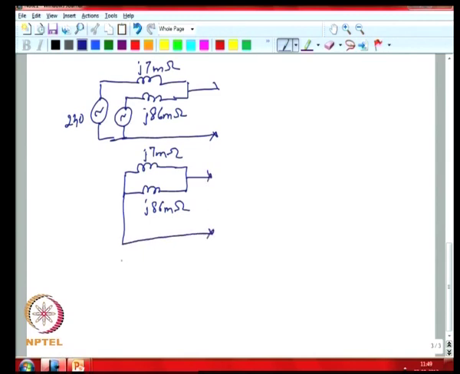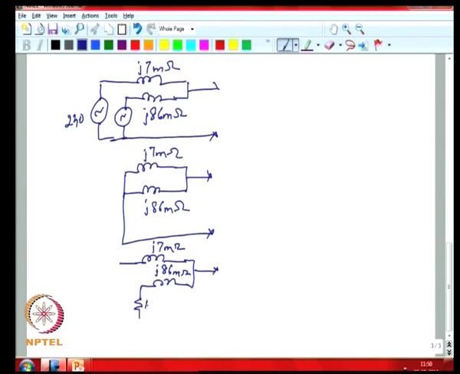and if you look at the 0 sequence network, you have the grounding resistance of the DG, which is 1500 ohms.